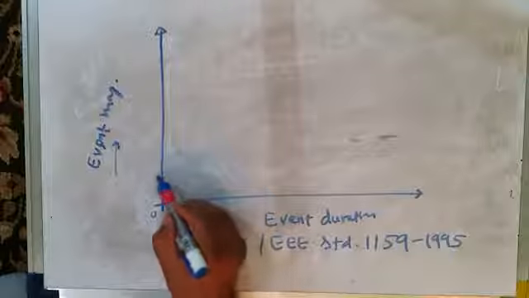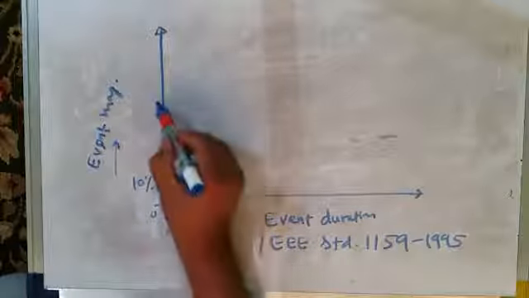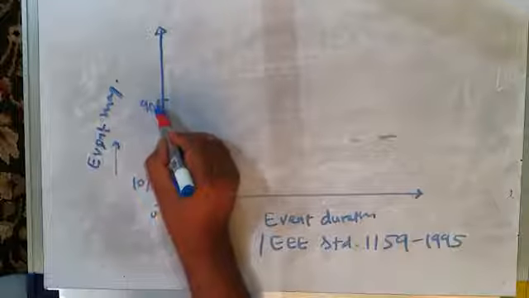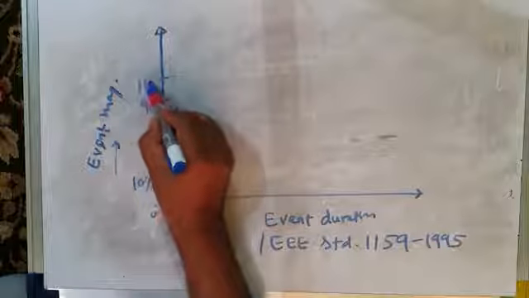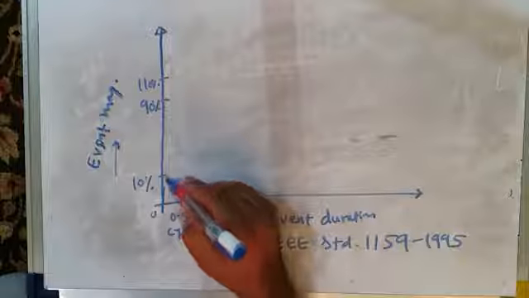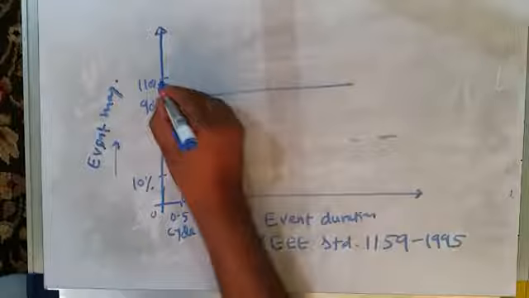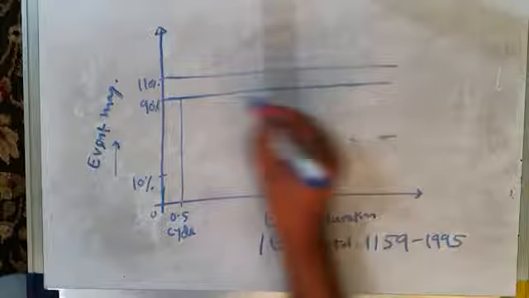Now this is 10% of rated value. This is 90% of rated value. This is 110% of rated value. Now let me first of all show normal operating voltage.